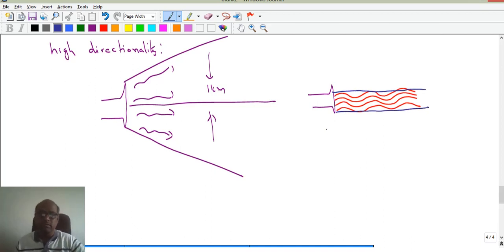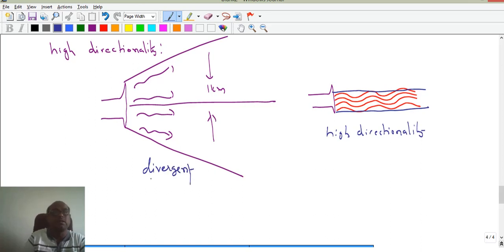So laser light is highly directional, whereas ordinary light is divergent. Right?